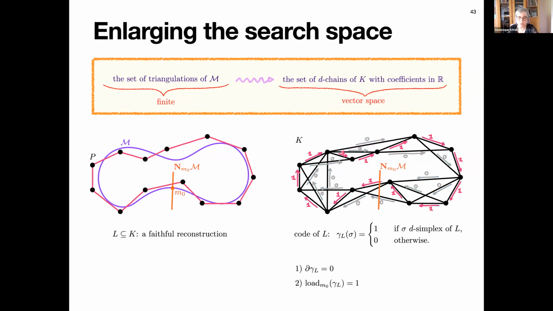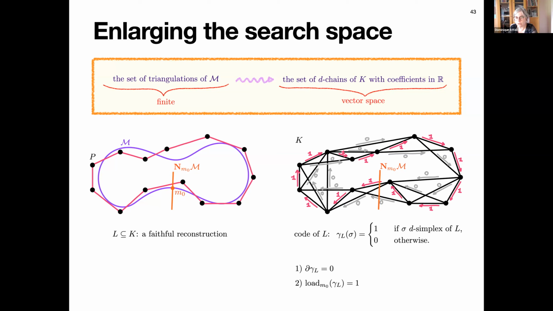Now if you consider a faithful reconstruction L of M contained in K, to this faithful reconstruction we can associate a particular d-chain, which we are going to call the code of L. This d-chain takes coefficient 1 for all d-simplices sigma that belong to L, and 0 otherwise.